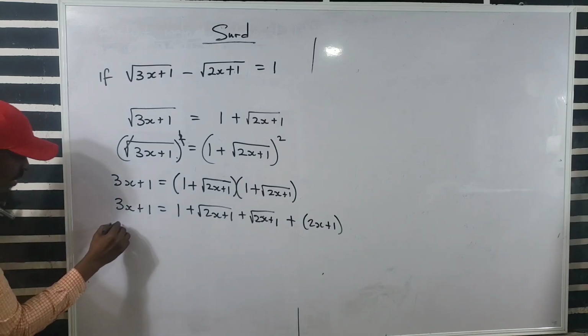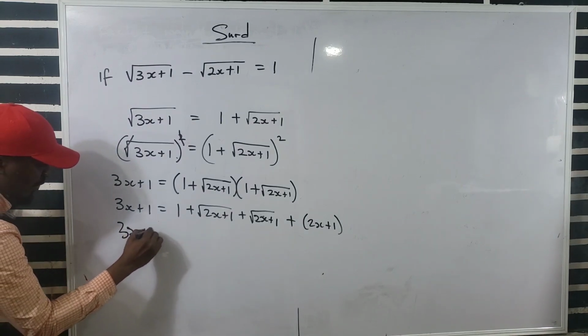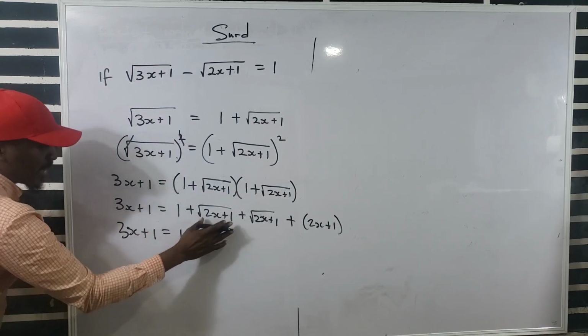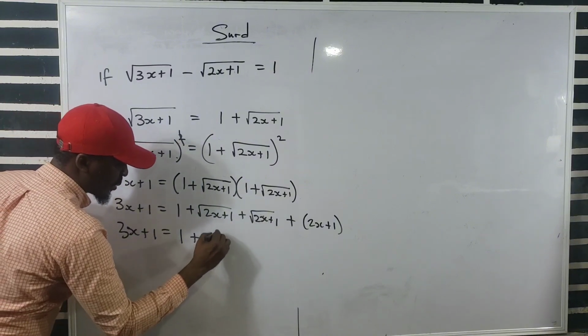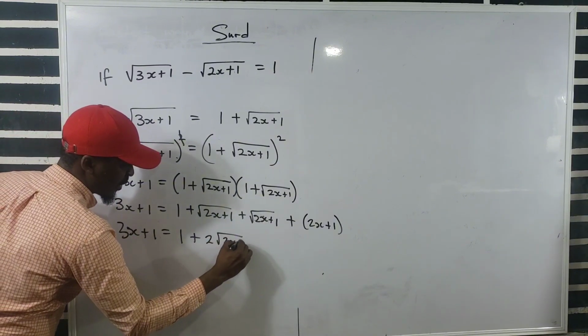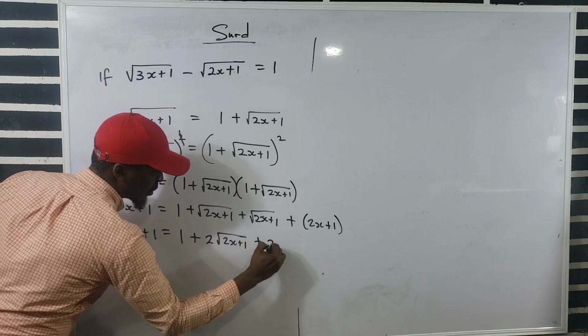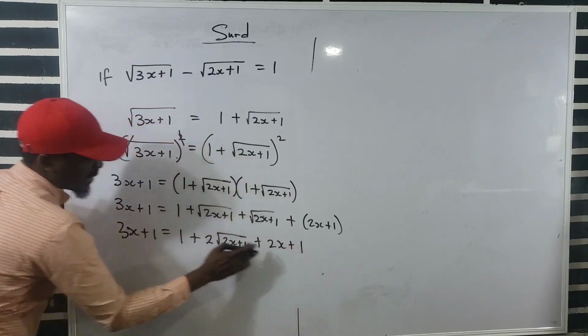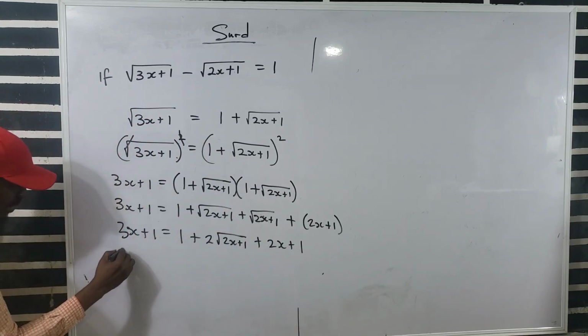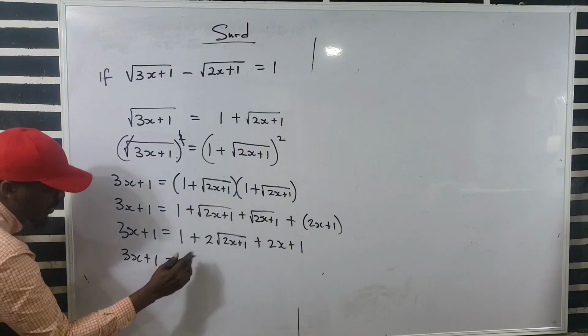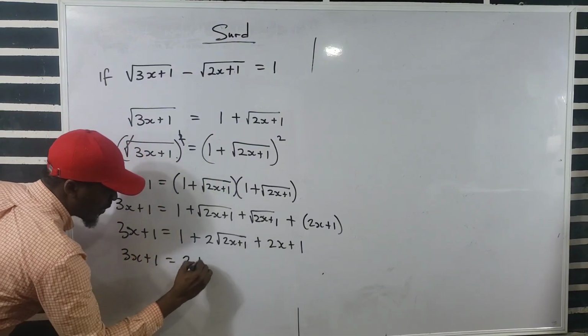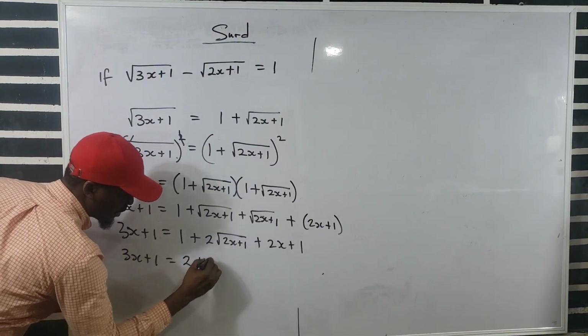All right, so that will give us 3x plus 1 equals 1 plus, and these two are like terms, so you have 2 square root of 2x plus 1, then plus 2x plus 1. So there's a common term here. That will give you 3x plus 1 equals, this and this will give you 2 plus 2x, okay?